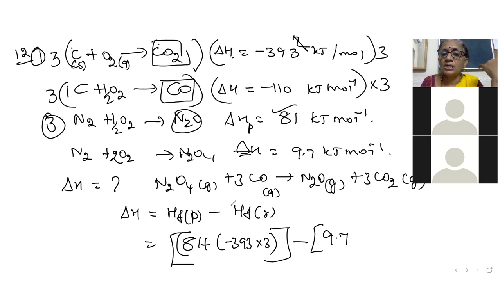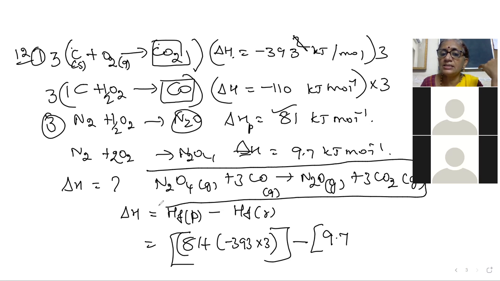So here, for this reaction, we are calculating del H, right? I am using it in the form of a formula. So heat of formation of products. What are the products here? These two are the products, right? Wherever they are formed, those del H values I am adding up.